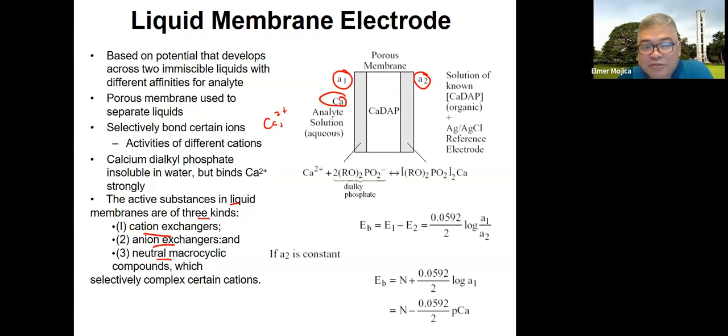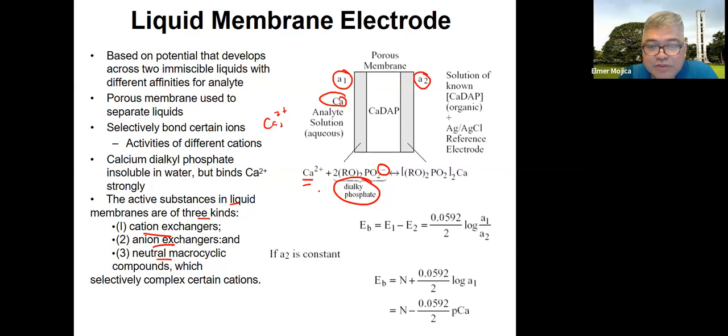So what do you think is this thing here, the dialkyl phosphate? What is its role if you choose between the three kinds of the liquid membrane? Anyone? Since it has a negative charge, it can act as an ion exchanger, and it is going to target calcium 2+, being very selective for calcium 2+.